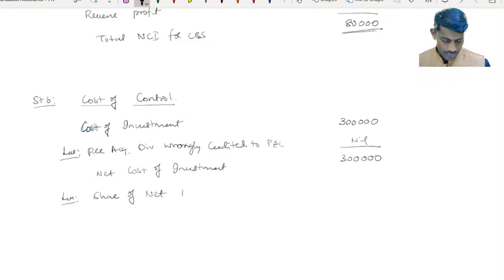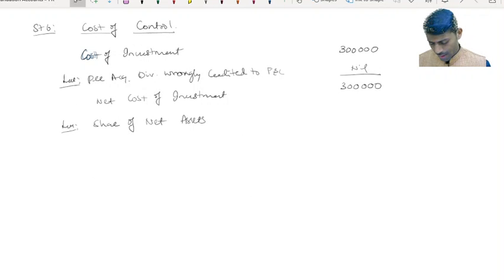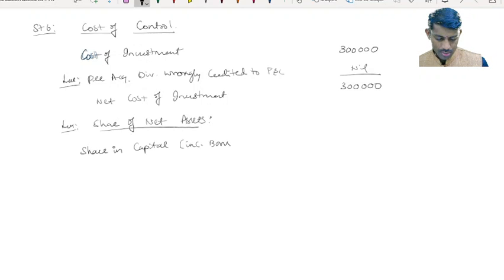Under share of net assets, my dear friends, first is share in capital, including bonus. It is 3 lakh into 80%, which is 2,40,000.